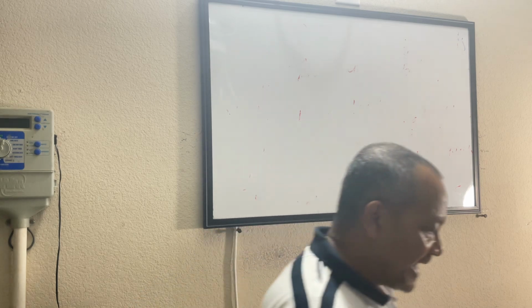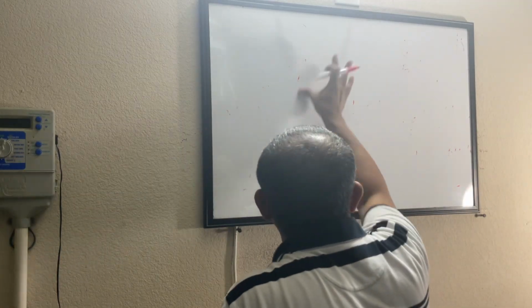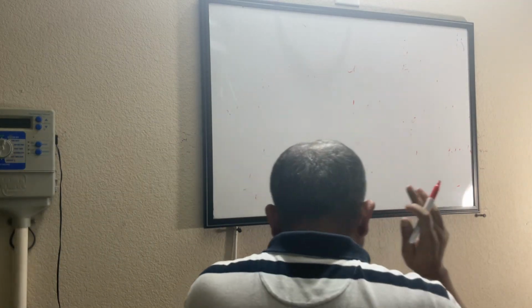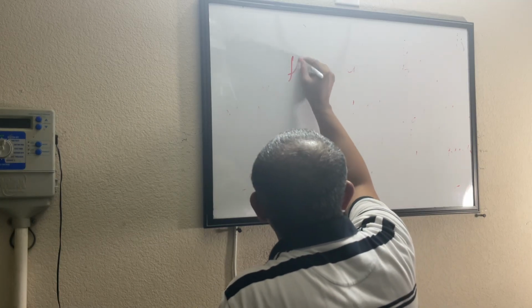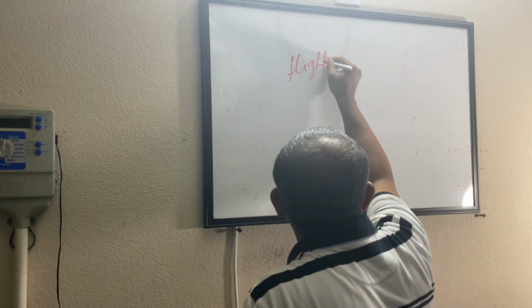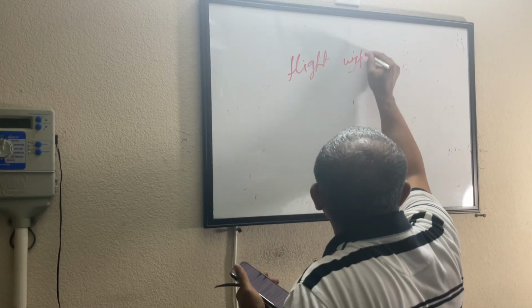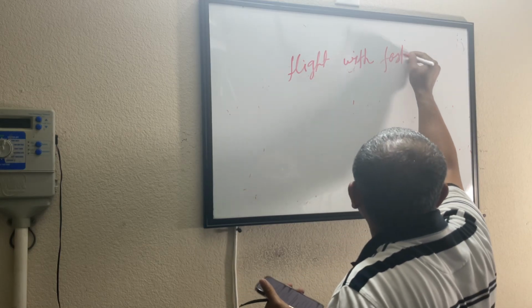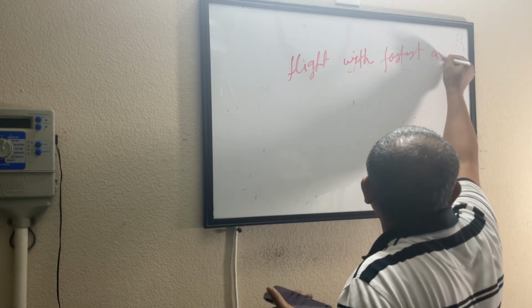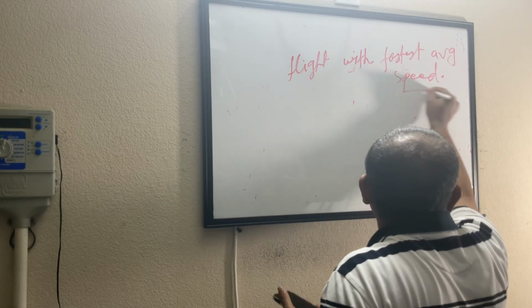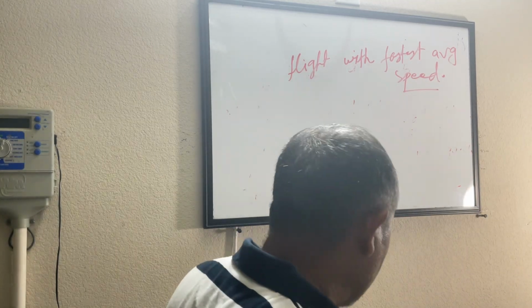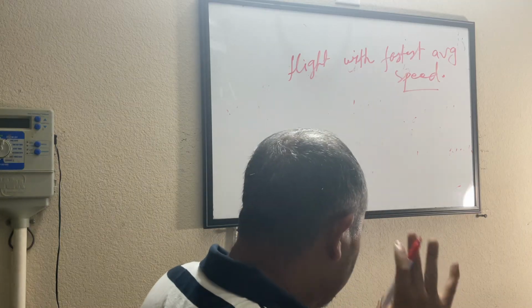And here are the options given. We have to choose two options to find the flight with the fastest average speed. I'm just writing it down so that you don't forget what we have to find out. We have to choose two of them.